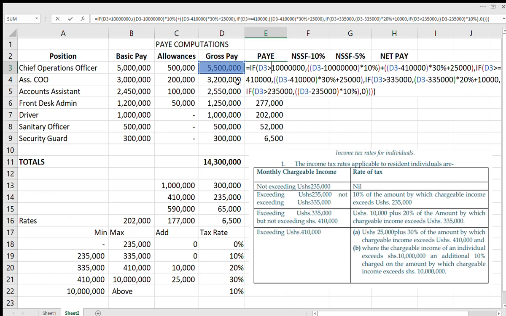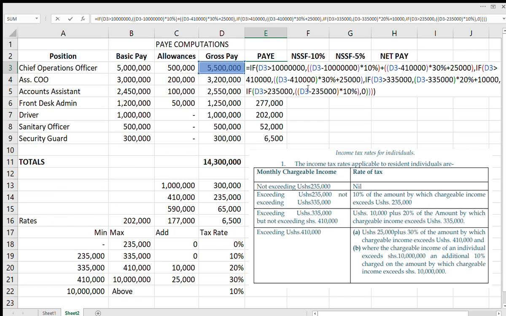If D3, this amount, the cell, the gross pay, that specific amount there, whichever it is on your Excel, it can be on another D, it can be on another cell number. Yeah, you select that amount, you keep referring to it. Even this one, we are going to remove the equal, is greater than 410.